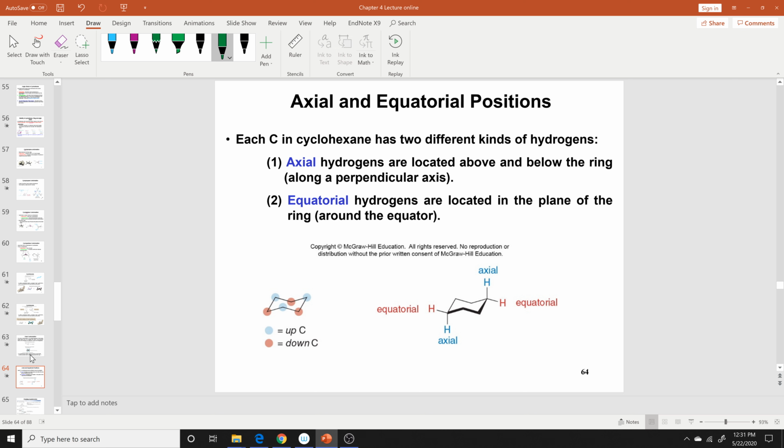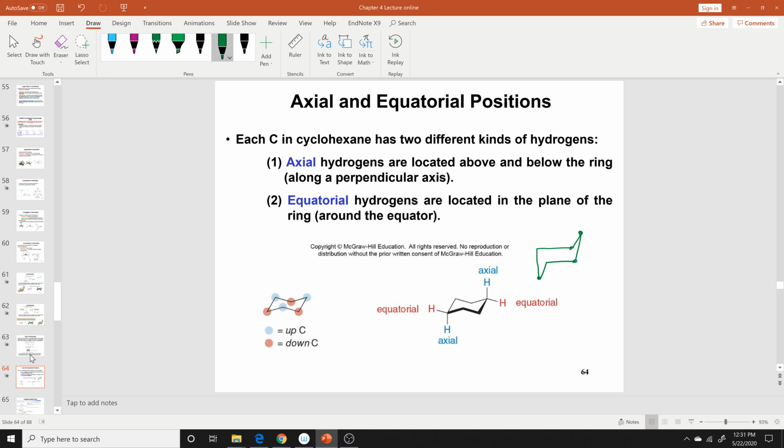To represent the axial hydrogen, it takes basically the direction of the carbon that it is on. So let's have an example over here. This is going to be my chair conformation, okay? And let's draw all the axial hydrogens.